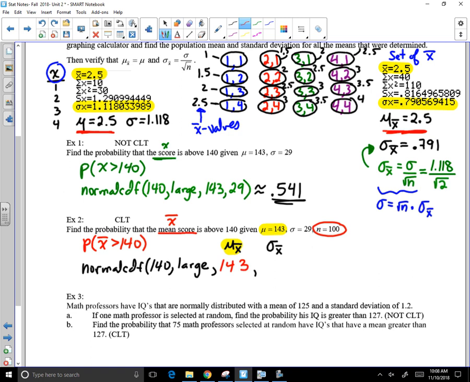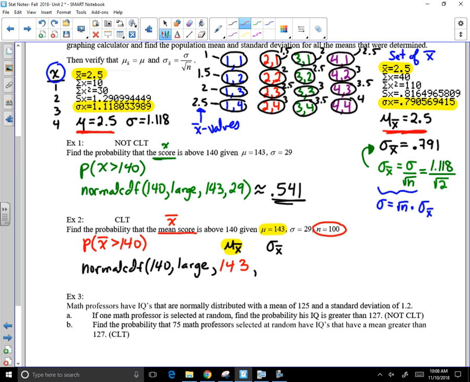But if I need a sigma sub x bar, I have to take whatever the sigma was and divide it by the square root of n. All right? So this is a case where you had a population, you broke them up into groups of 100, just like we did here, except each one of these groups had 100 values in it. You found an average from each one of those 100 value groups, and then found the average of all those averages.